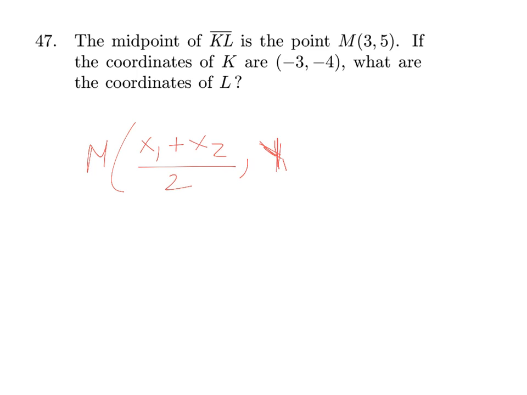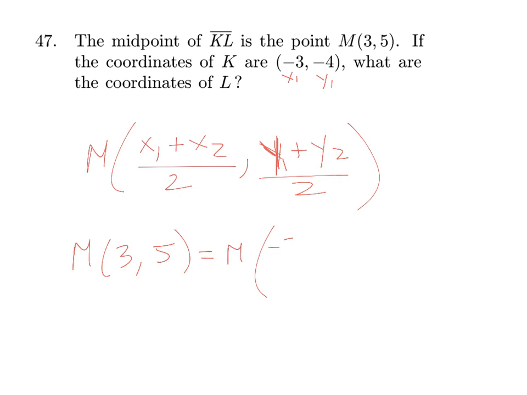This is a Y. So I know my midpoint is 3, 5. They give me one of the points. That's my x1, y1. Negative 3 plus x sub 2 over 2. And then y sub 1 is negative 4 plus y sub 2 over 2.